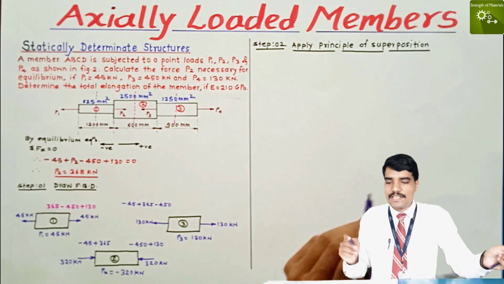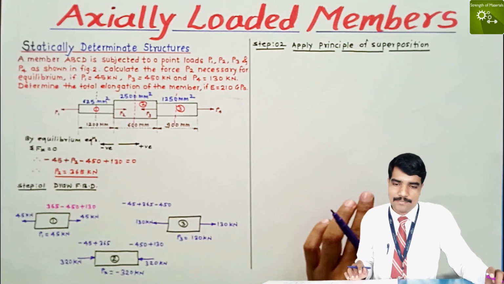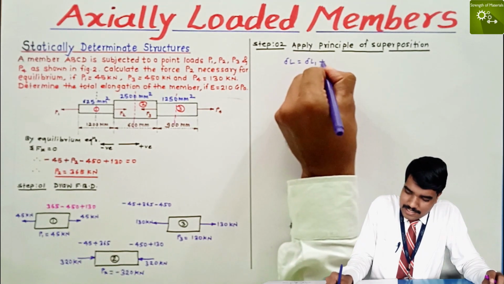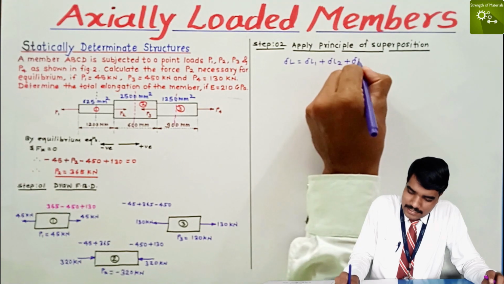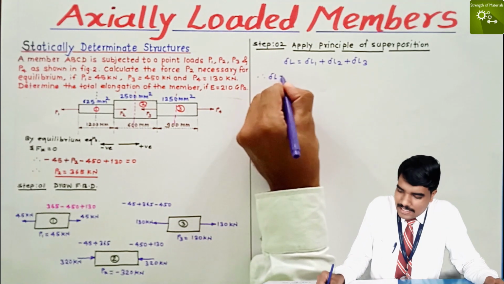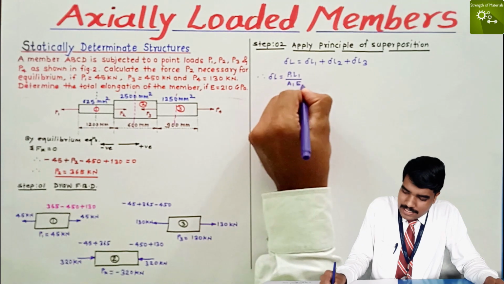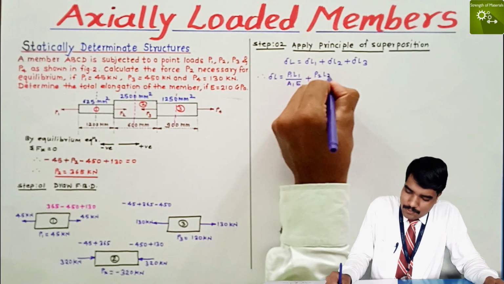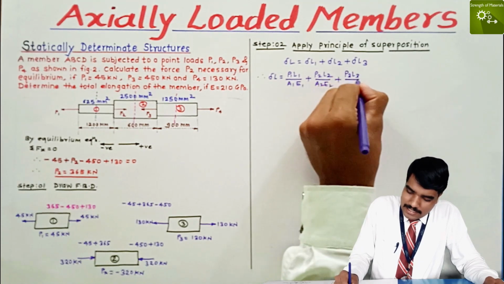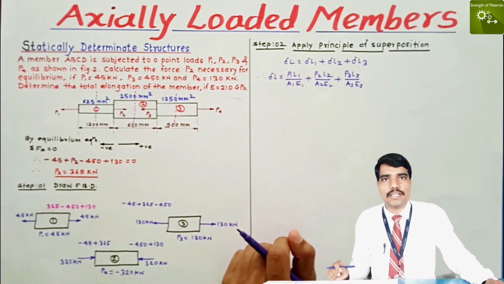Simple. So by applying the principle of superposition, we find the total elongation in that axially loaded member. That's why delta L is equal to delta L1 plus delta L2 plus delta L3. Then delta L is P1 L1 divided by A1 E1 plus P2 L2 divided by A2 E2 plus P3 L3 divided by A3 E3.